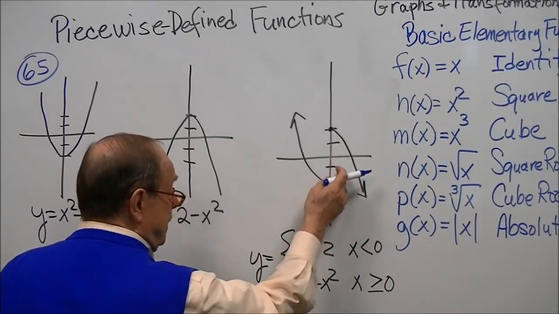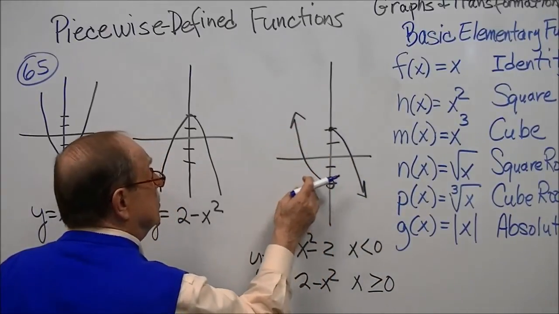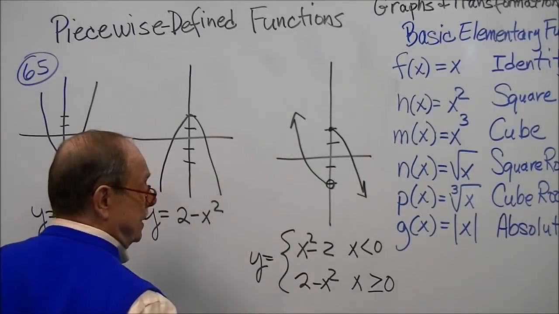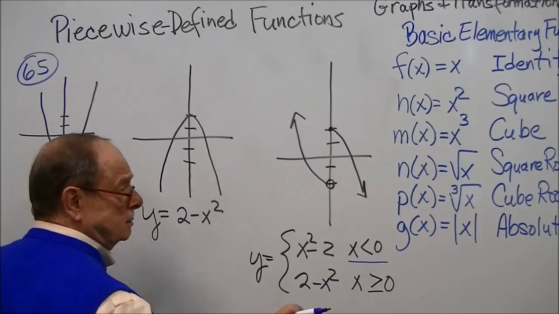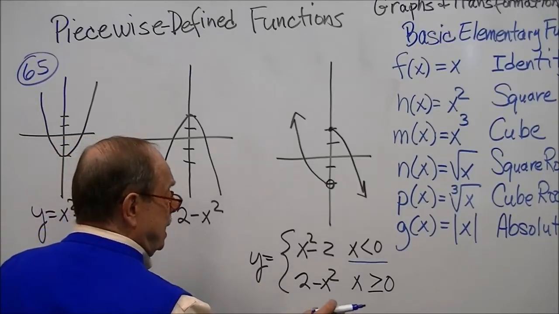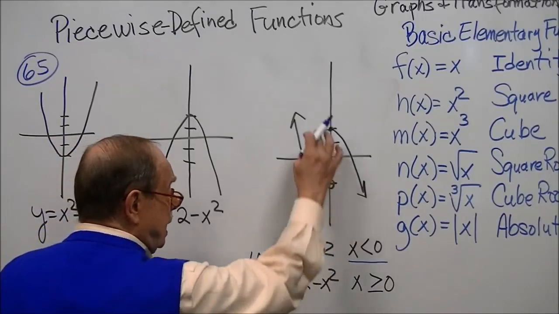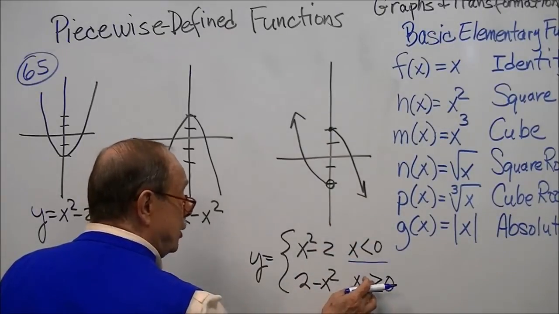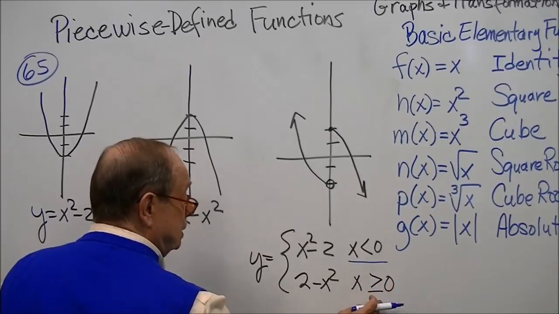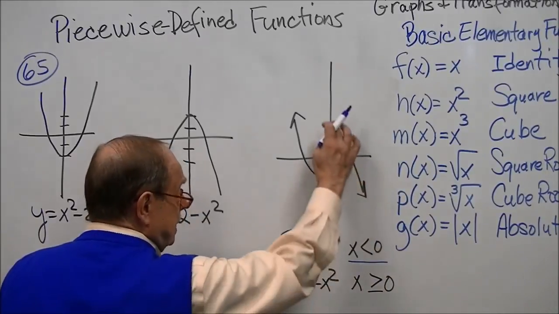So our x values will be greater than 0 and will be going up this way. This, by the way, is a qualifier, we call it. And then here, for our downward, we're saying that the values of x are greater than or equal to 0. So it gives us this.